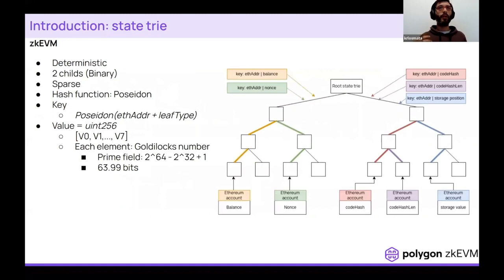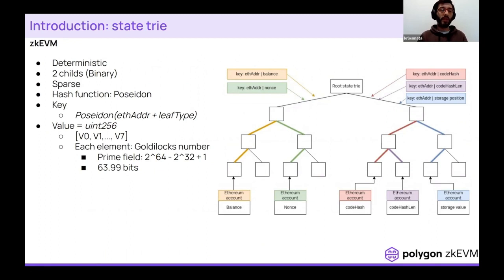But how does the tree look in the zkEVM? We have small differences because our tree is a binary tree. It's a sparse Merkle tree. It's binary: we have 2 children for each level. We use a different hash function. As we saw, the EVM uses Keccak, and we use Poseidon.